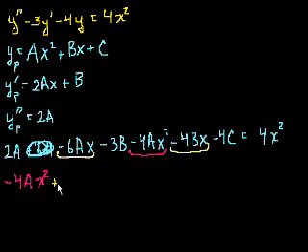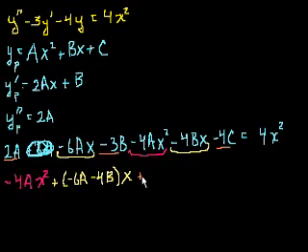So let's say plus minus 6a minus 4b times x. I just added the coefficients. And then finally we get our constant terms, so plus 2a minus 3b minus 4c. And all of that will equal 4x squared.